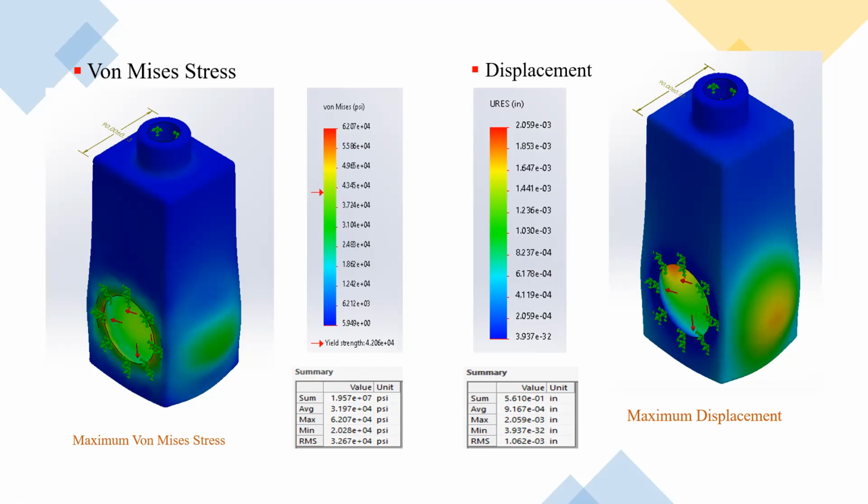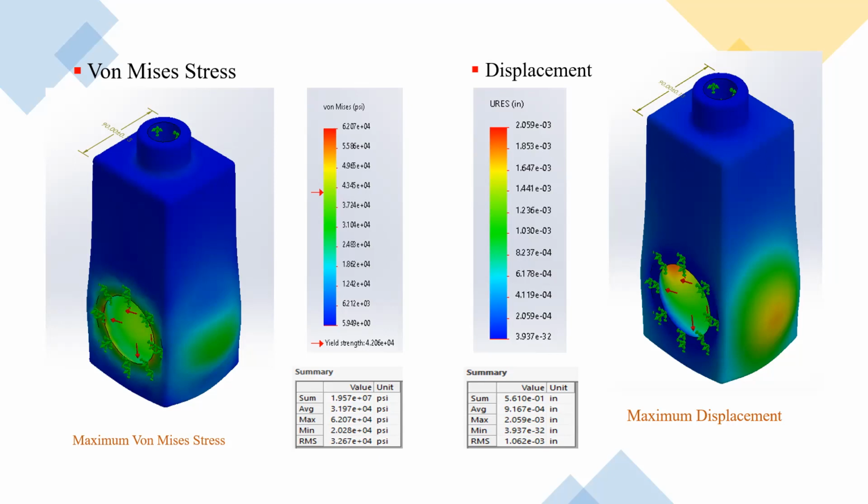It is very slightly higher than the range, but that is good. That is wonderful. And the minimum displacement is equal to 3.937 times 10 to the negative 32 inches. Very low displacement. And the average is 9.167 times 10 to the negative 4 inches.